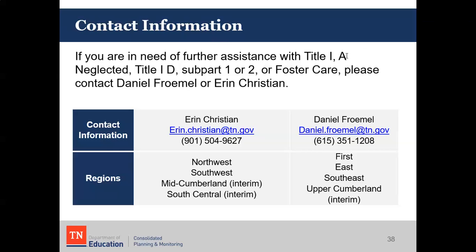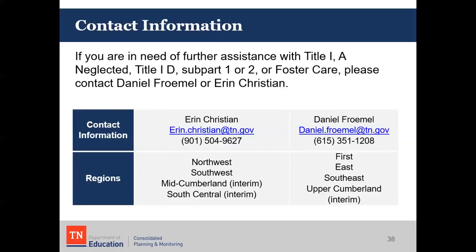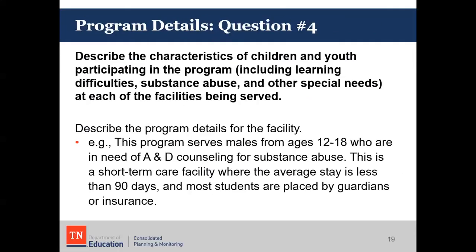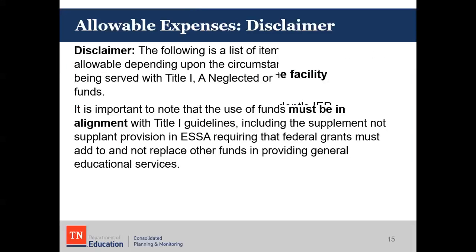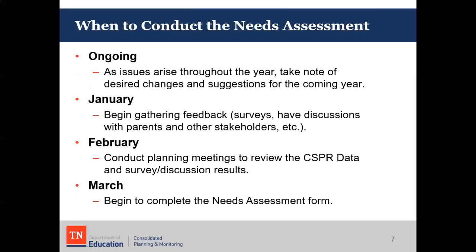We'll give it another minute here. Can we show the dates again? Yeah. Scroll back up here. With the dates, I think that's asking about the timeline. Needs assessment. So for the date, these are just suggested dates.